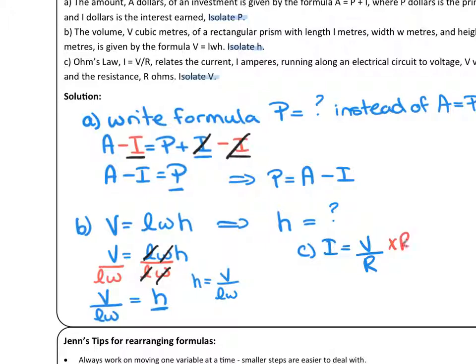So we're going to multiply by R, which means we multiply this side by R as well. R divided by R cancels, and you're left with I times R equals V. So what you really want to do is always do the opposite operation in order to move it to the other side.